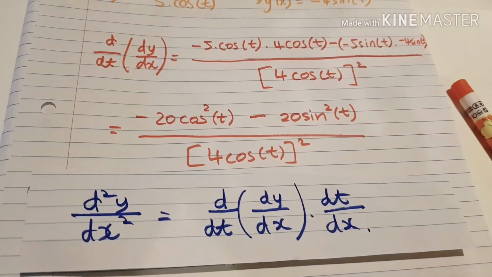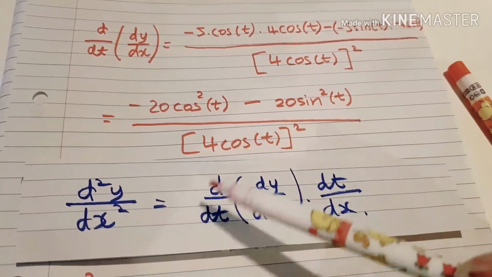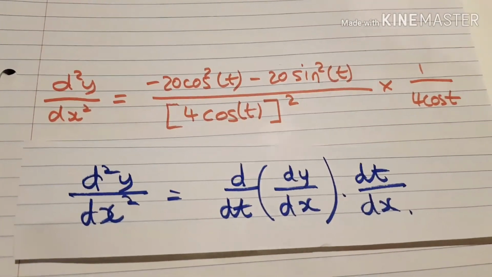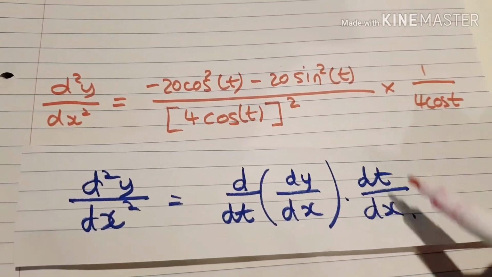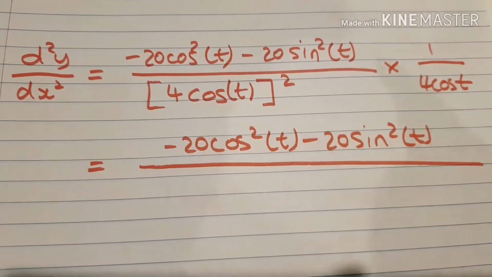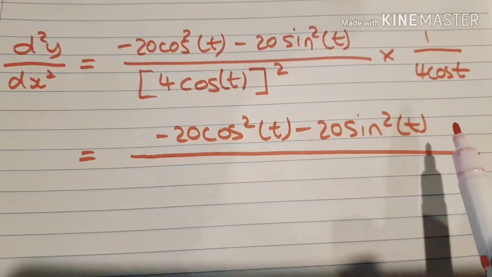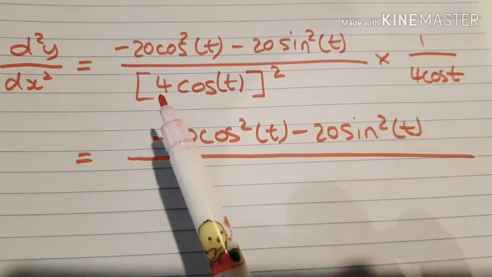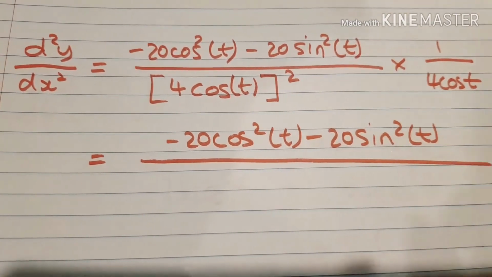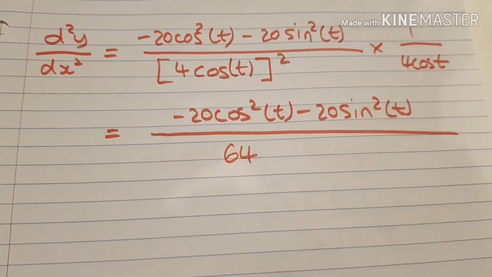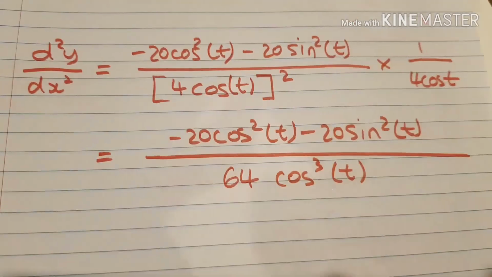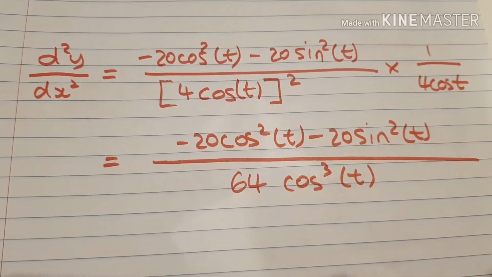Okay, here I'm just following the formula again. So now we found the first part, which is this one. Okay, like this. And dt over dx, remember, it was 1 over 4 cos t. Okay, if I multiply the top, it's as it is, and simplifying the bottom, 4 squared will be 16 times 4 would be 64, and cosine squared times cos will be cos to the power of 3t, right?